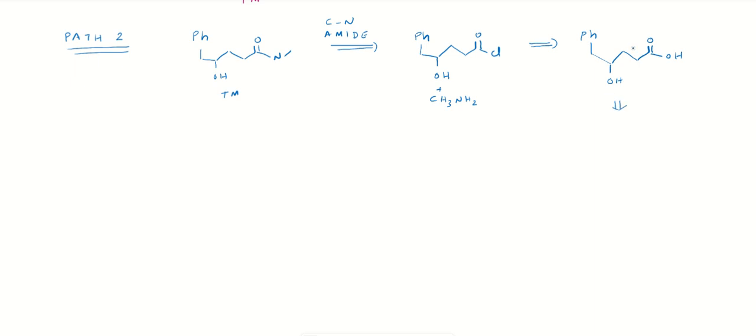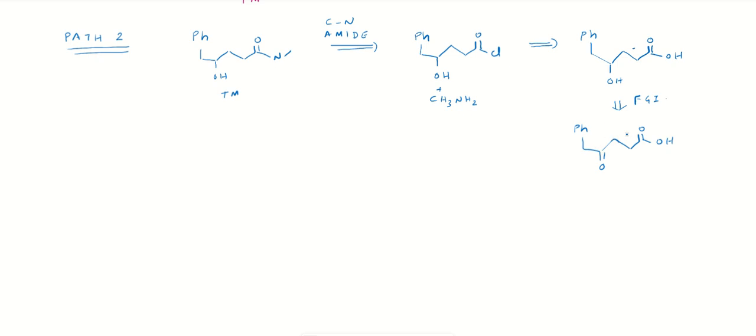What I'll do is disconnect the molecule, and then we'll write down another one here. This is FGI, functional group interconversion. OH is obtained by the reduction of C double bond O. So this is C double bond O CH2 CH2 CH2 and then C double bond O OH.